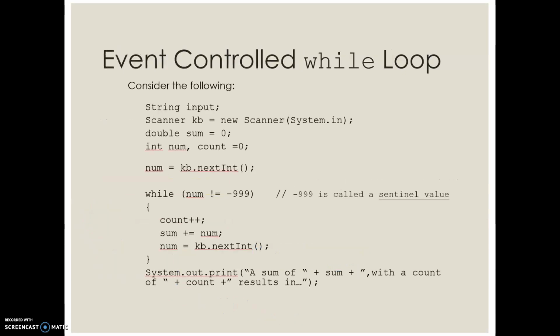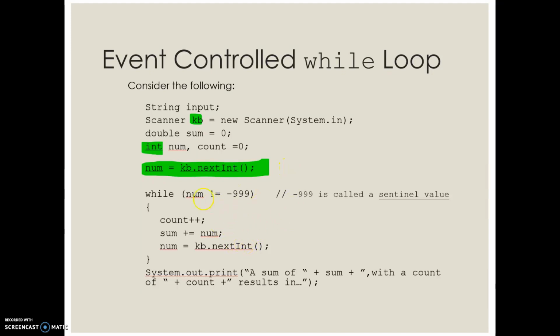In an event-controlled loop, this loop will continue until a certain event occurs. So right now I have a scanner and a couple different variables. This value num is an integer, and I'm using my scanner for the keyboard and I am accepting the next integer.